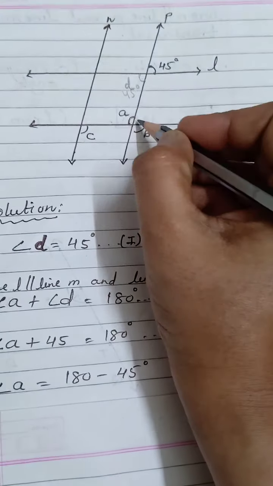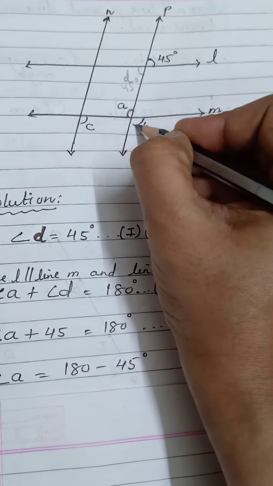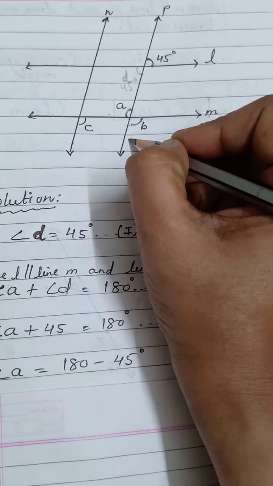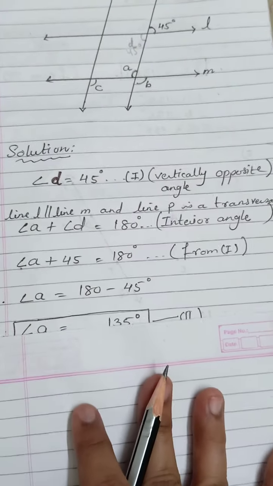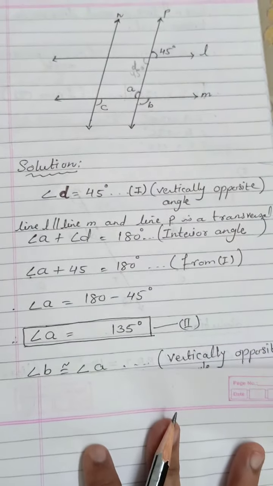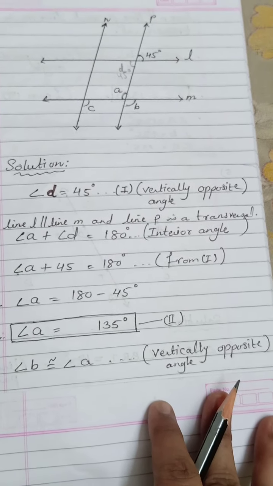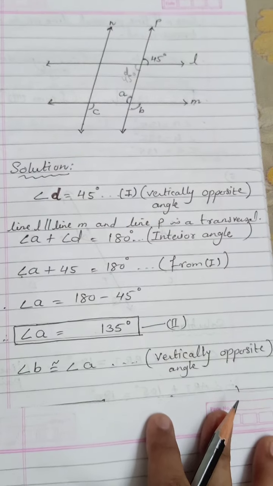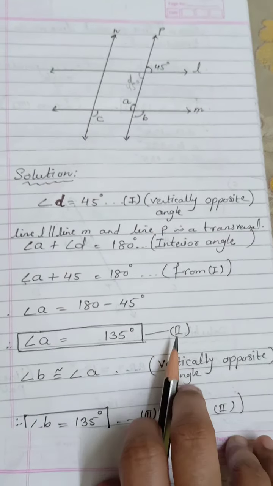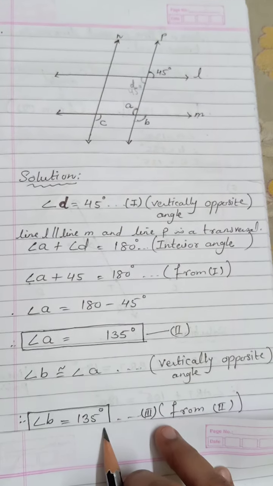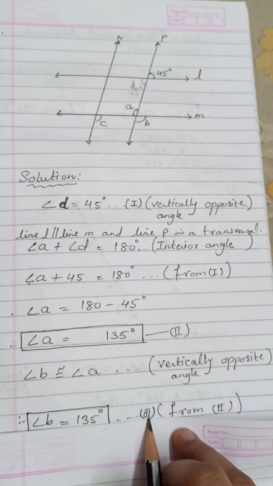Now see here, angle A and angle B both are vertically opposite angles. So if A is 135, obviously B will also be 135. Angle B and A are congruent because of vertically opposite angles. So angle B will also be 135, and this 135 we have taken from equation number 2, and we have given this value as equation number 3.